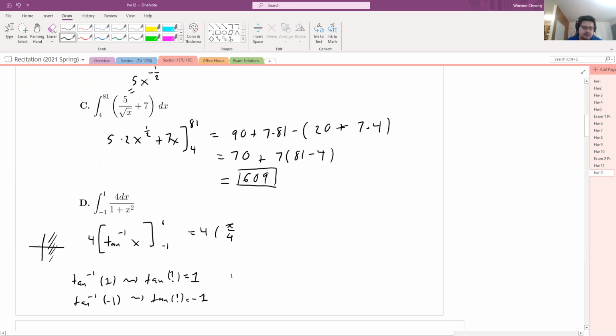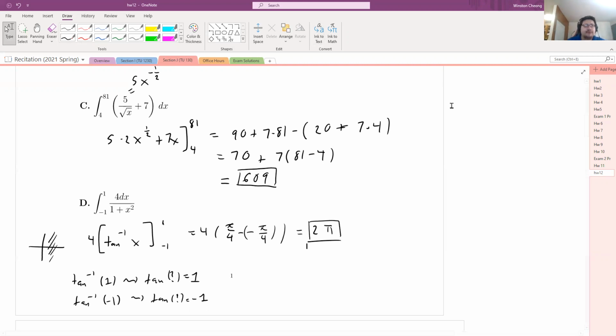So the corresponding angle is the -pi over 4. But this is actually minus negative, right? Because for the second evaluation, you subtract that off. So that's going to end up being pi over 2. Then you times it by 4, so you get 2 pi.